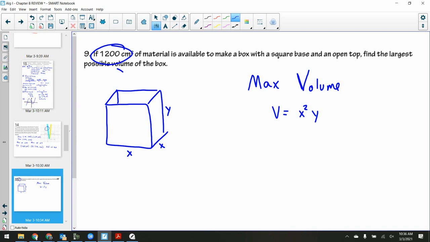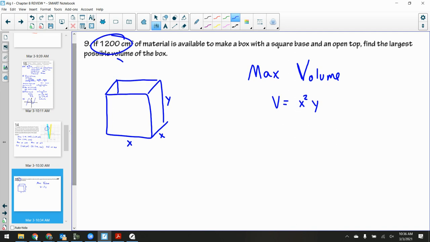That's the amount of material I need to use to make the box. So the area of the bottom is x squared plus all four sides.